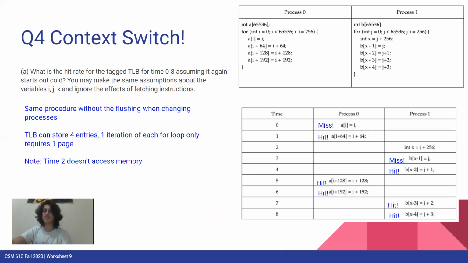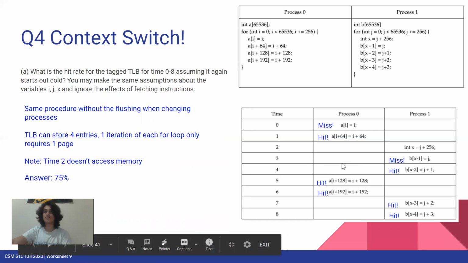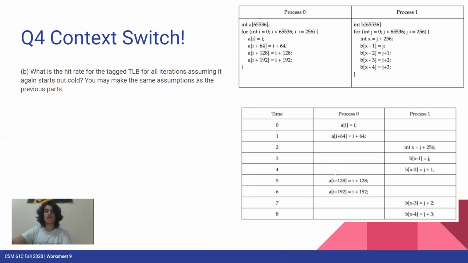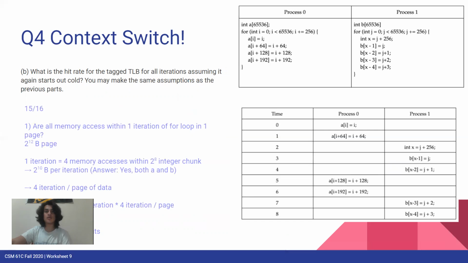That's a cool way to save your values. So we have a 75% hit rate here, 3 misses per 4 iterations. And what's the hit rate for the tagged TLB, assuming it again starts out cold?